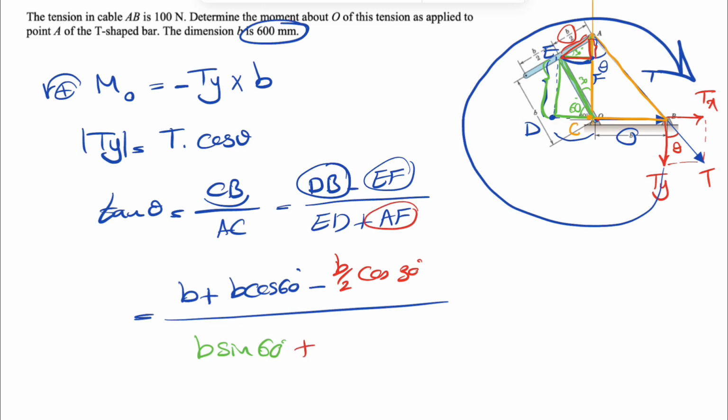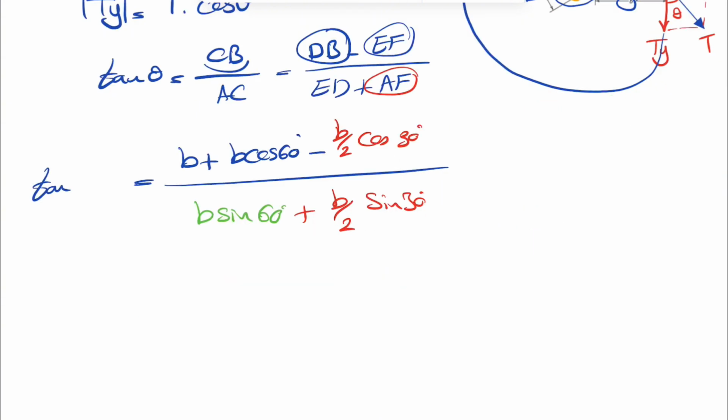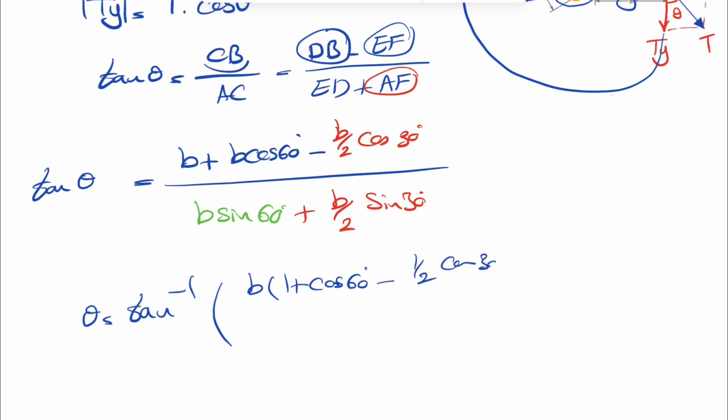So our AF would be plus 1/2 of B, this time with sine of 30 degrees. Now that we have the tangent of theta, our theta would be tangent inverse of this value. We can factor B on the numerator: 1 plus cosine of 60 degrees minus 1/2 of cosine of 30 degrees.